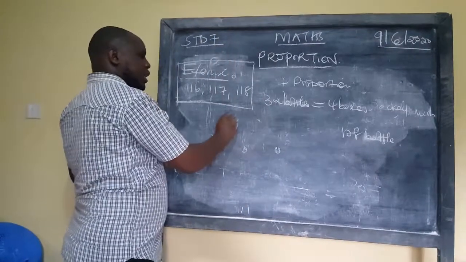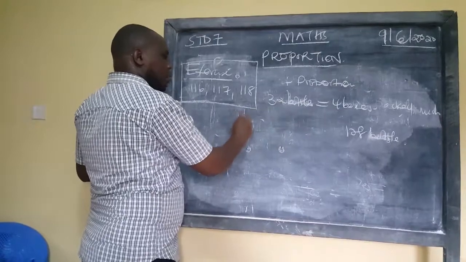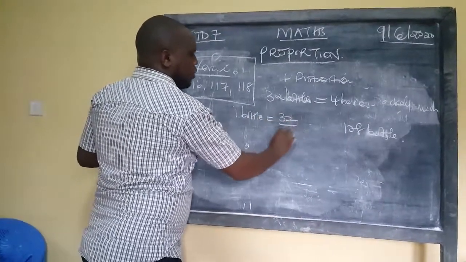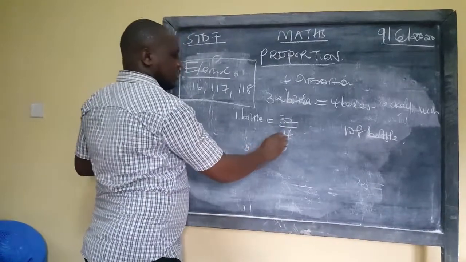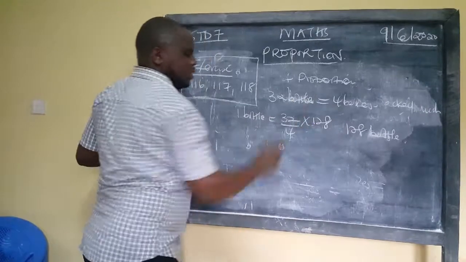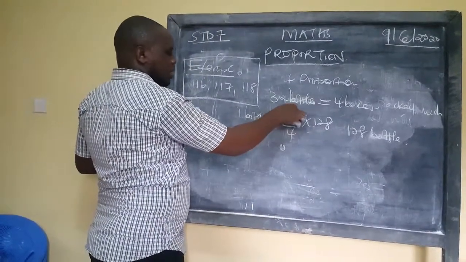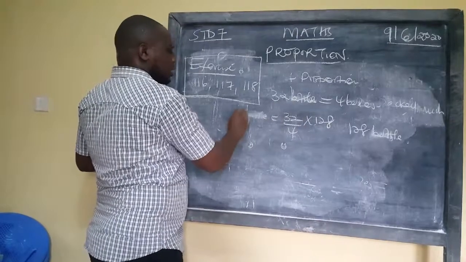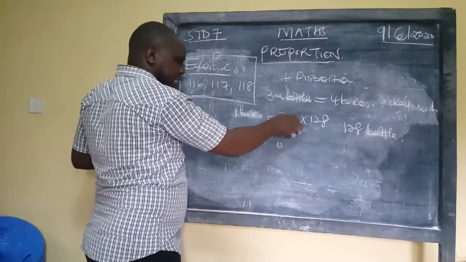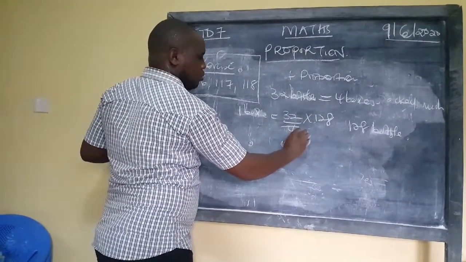Now in this case, you say if 2 are packed in 4, then one box carries 2 over 4 bottles.